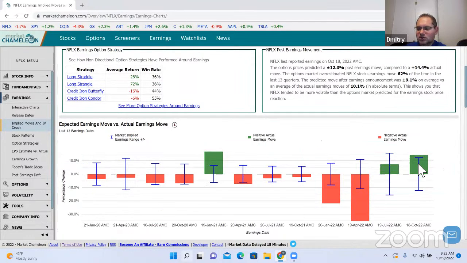So here you could see this is not a daily move, right, that we were looking at. The implied earnings move was 12.3%. That's what we were looking at. In other words, we're not expecting the stock to move 12.3% on average every day from now to expiration. That's not what we're expecting, right?